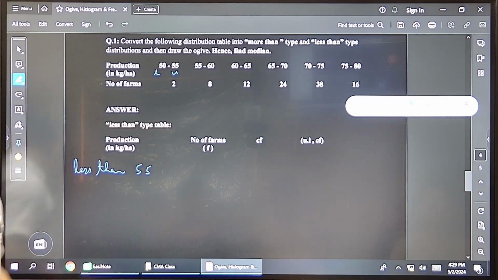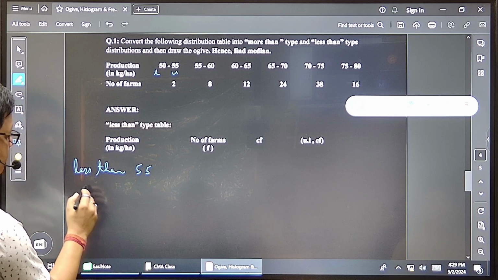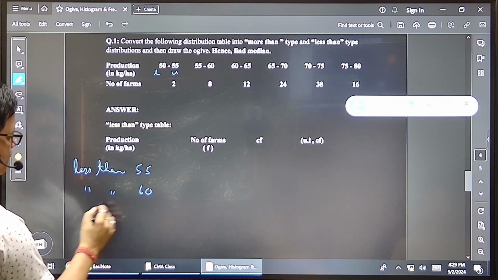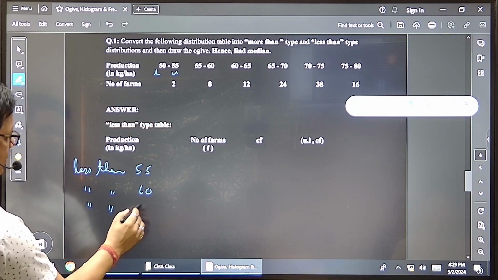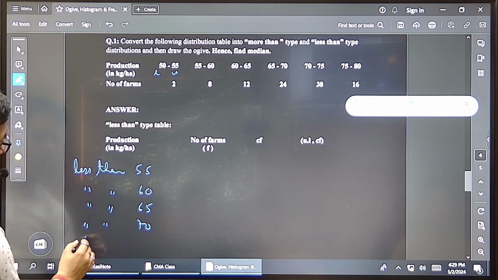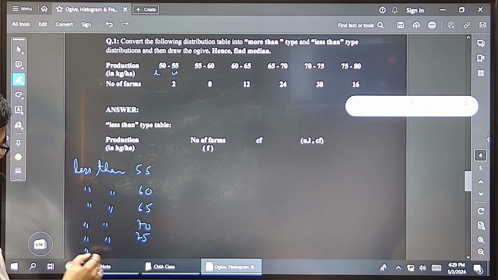So always less than the upper limit takes place. Less than 55. Then less than the next upper limit, 60. Now less than, the next upper limit is 65. Then less than 70. Then less than 75. Then less than 80. Okay?